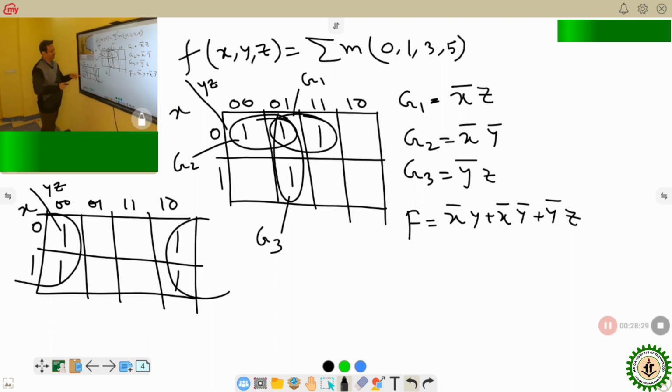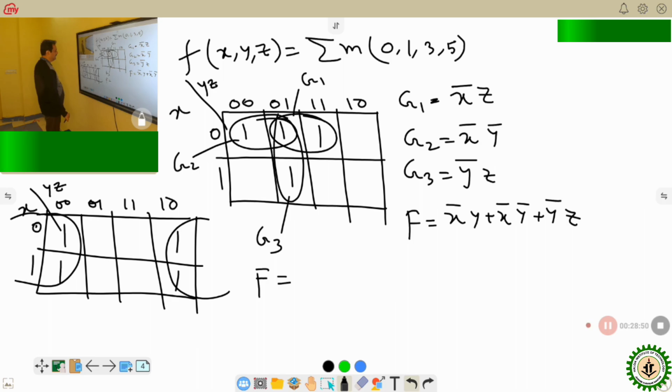So within the big group, what will be the output? Here the output means the Boolean expression output. If I consider this big group, x has already changed because this value is 0 and this value is 1.